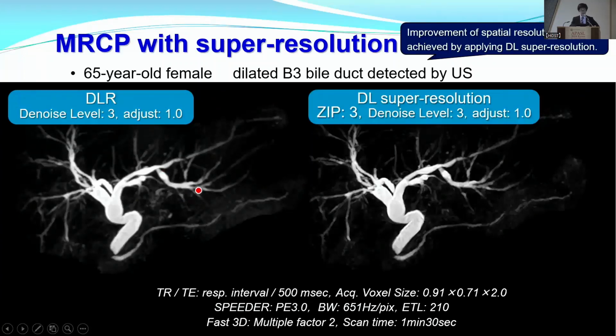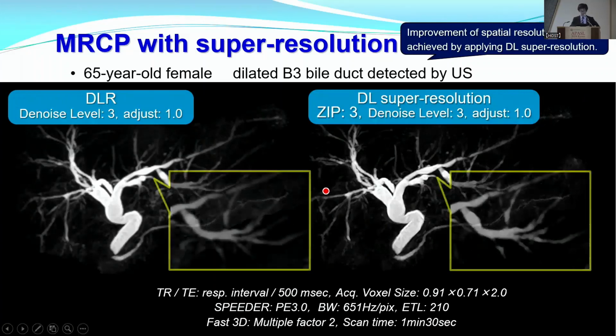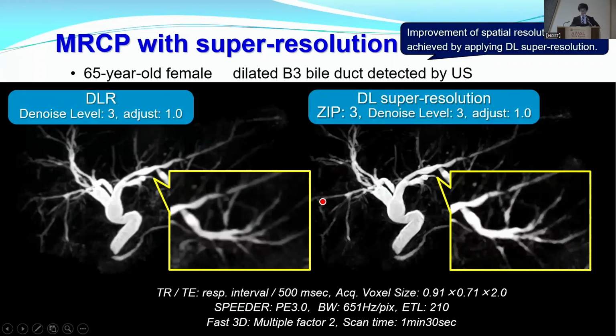This is reconstructed by the deep learning reconstruction, and this is reconstructed by the deep learning super resolution. So this is almost the same image, with higher image quality. But when we observe the enlarged image, the intrahepatic bile duct is clearly visualized on the images with deep learning super resolution.